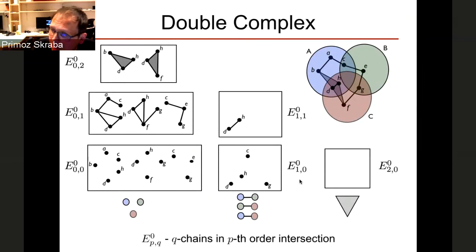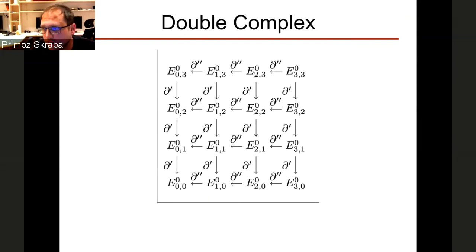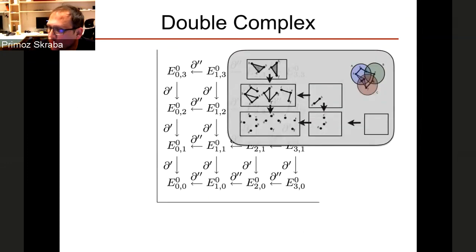Right now, it's not yet a complex, but we do have some chain maps between these things that we've defined. Here I call them boundary, boundary prime, and boundary prime prime, to kind of get an idea of what these maps are. The vertical maps, so boundary prime, is basically just the sum of the individual boundary operators, right?